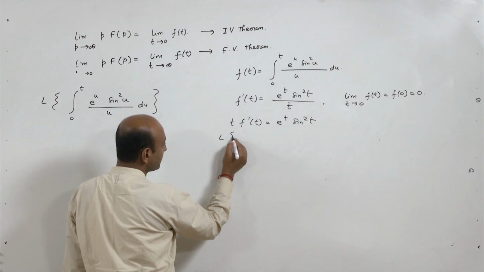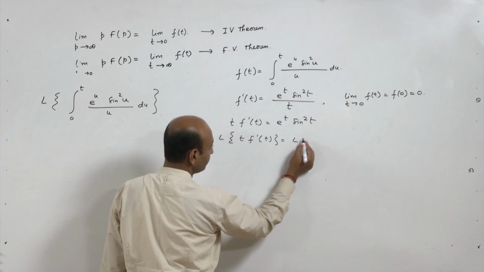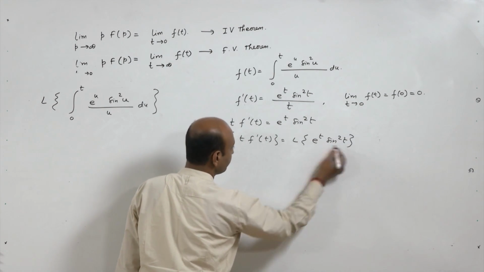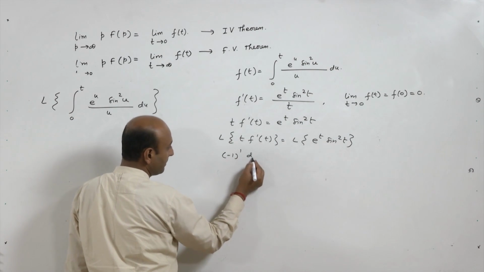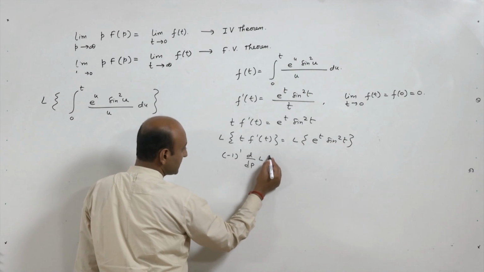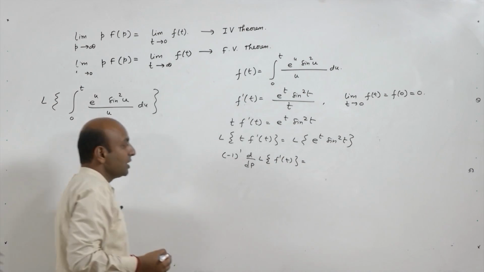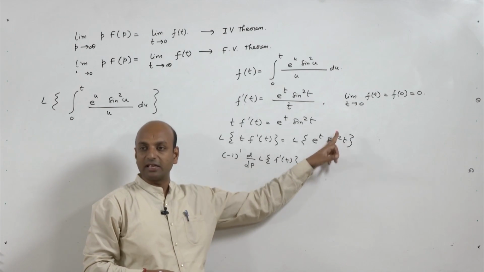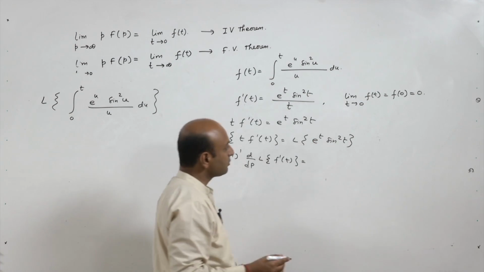Take Laplace transform on both sides. The Laplace transform of the left hand side is minus 1 to the power 1 d by dp of the Laplace transform of f dash t. Now, to find the Laplace transform of this expression, first find the Laplace transform of sin square t and then apply the first shifting property. What is the Laplace transform of sin square t?